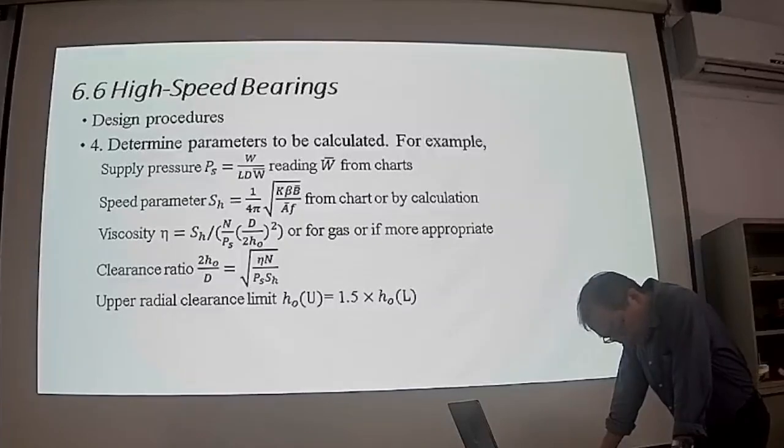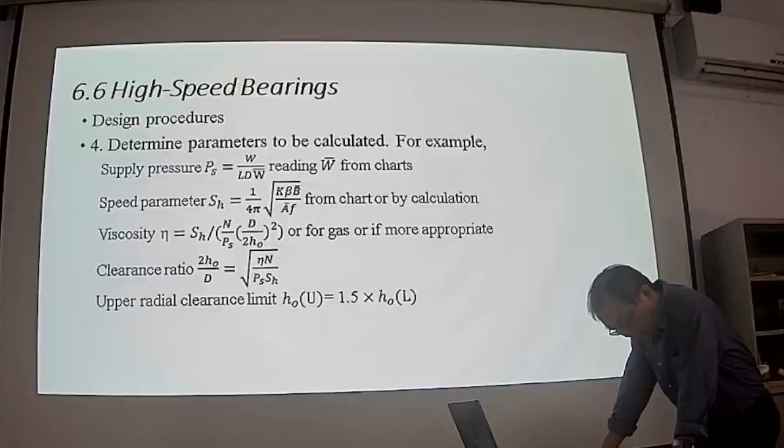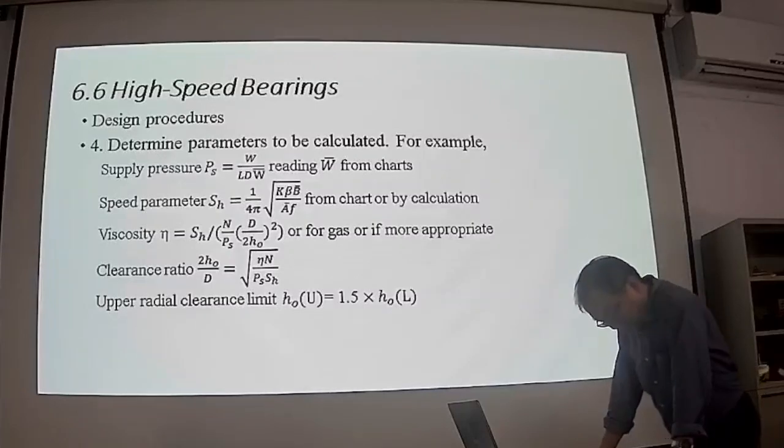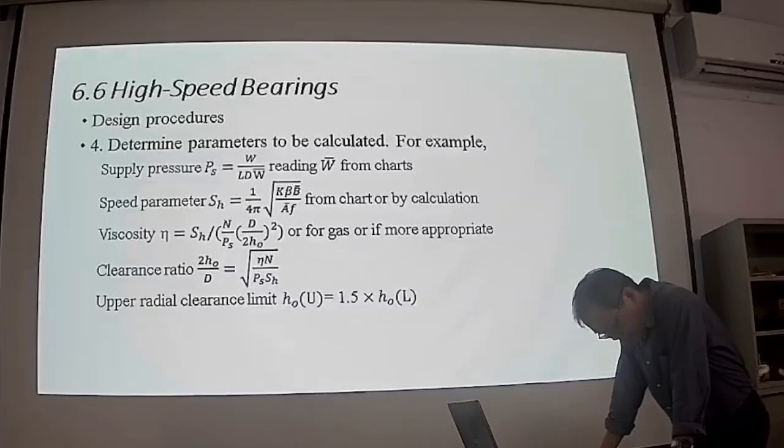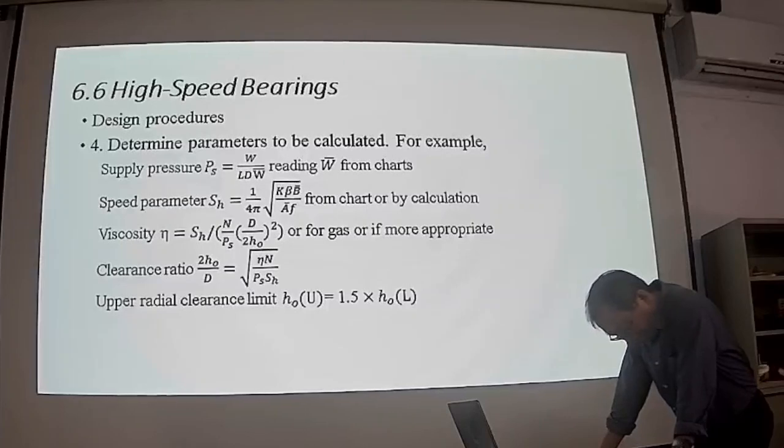Okay, and then we have an inter-recess length ratio, B over A, or length diameter ratio for journal bearing, L divided by D. And the next one is lower radial clearance limit, the design clearance limit, okay, or the pressure ratio, 0.7.